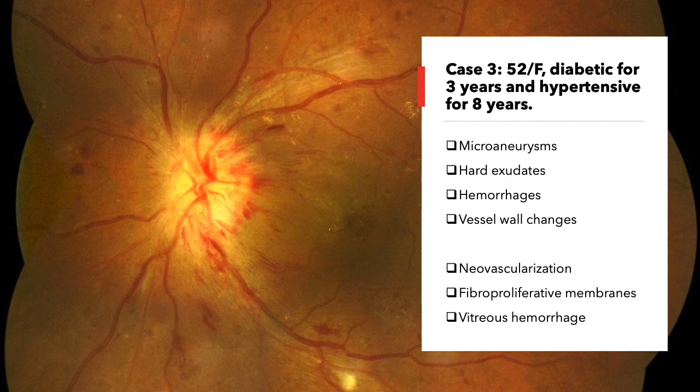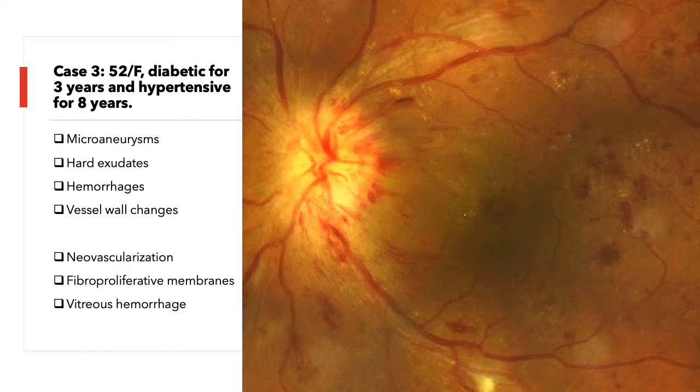Okay, there are no fibroproliferative membranes, no vitreous hemorrhage. There are some hard exudates like dots that you see. Okay. So let's look at a more magnified view. There you can see some microaneurysms, and there are mild vessel wall changes.